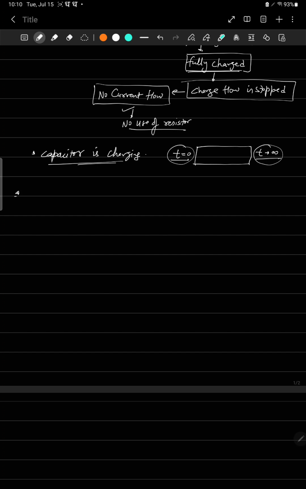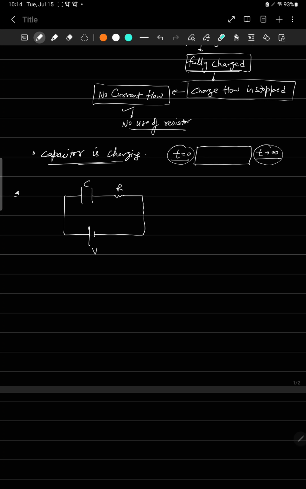When I draw the circuit diagram, I have to draw a resistor with the capacitor, which means a current is flowing. So this is a V volt battery, this is capacitance C, this is resistance R, and the capacitor is connected with the resistor here.